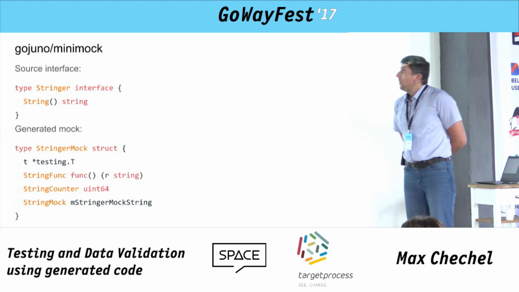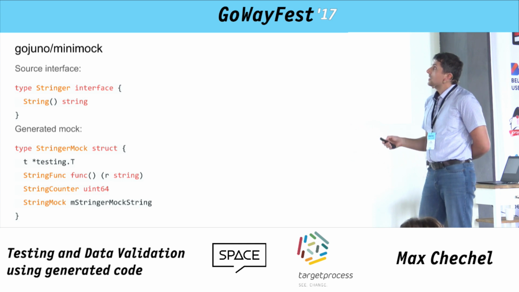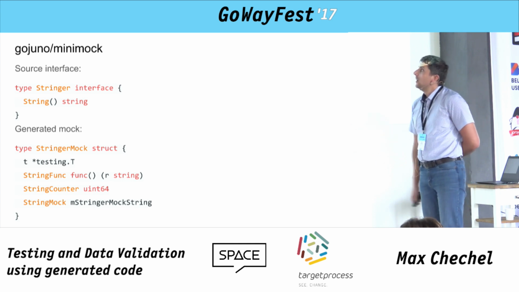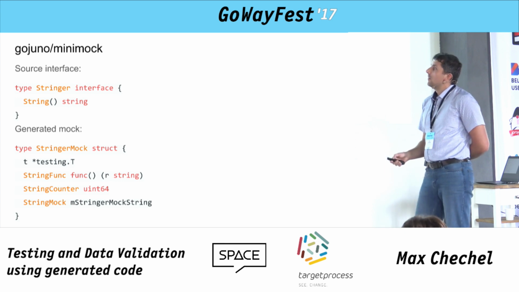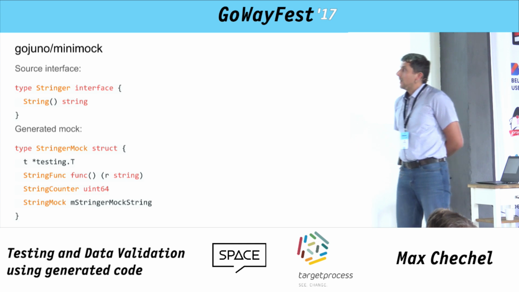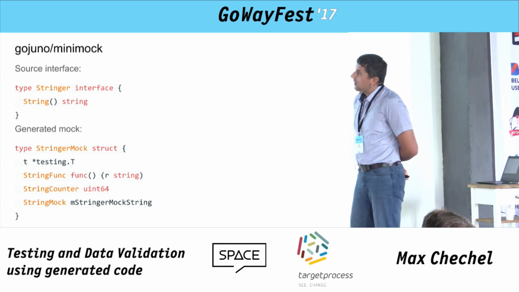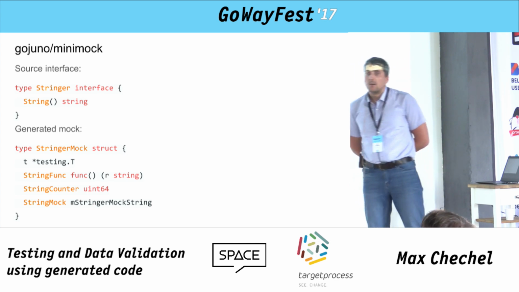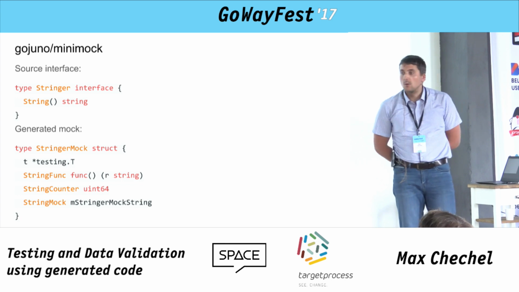So here's an example for the Stringer interface that looks like this and is defined in the fun package. You'll get the mock structure generated for you that looks like this. And Minimock actually exploits the idea of first-class functions in Go.